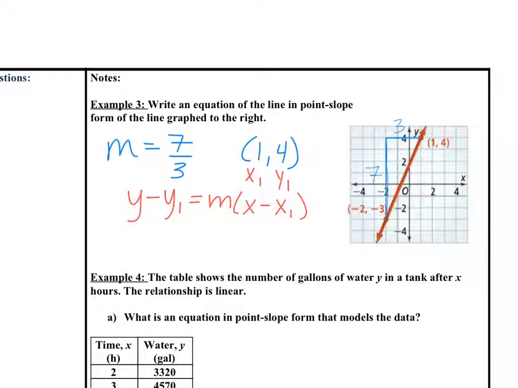Y minus y1. We're going to do y minus 4 equals m, 7/3, and then x minus, that's it.